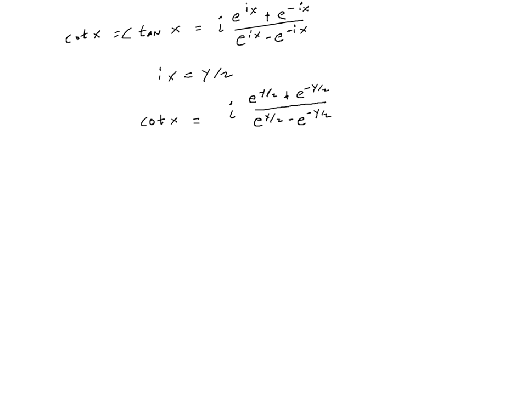And so once you have this, the reason why we use y over 2 instead of y is because we can multiply the top and bottom by e to the y over 2, and you get i times e to the y plus 1 over e to the y minus 1.